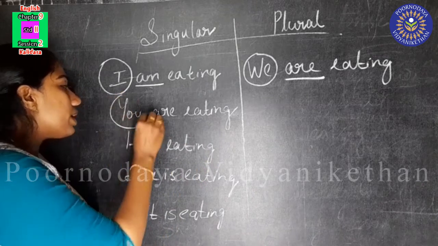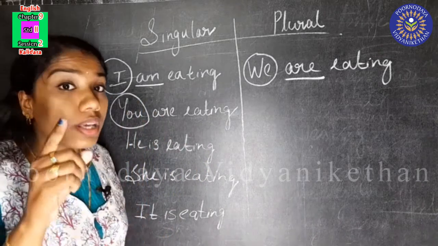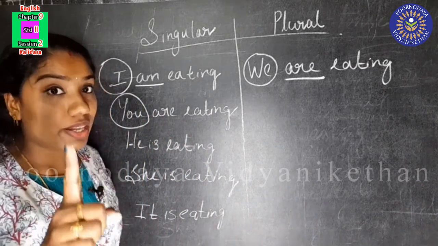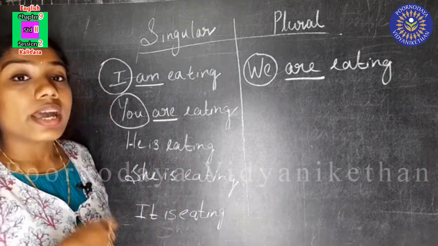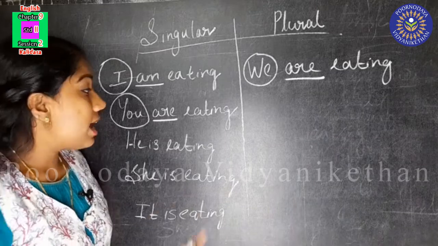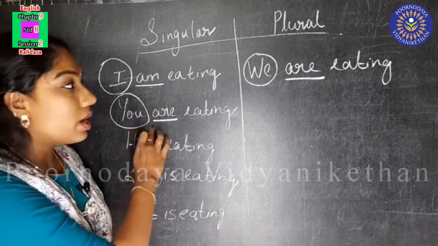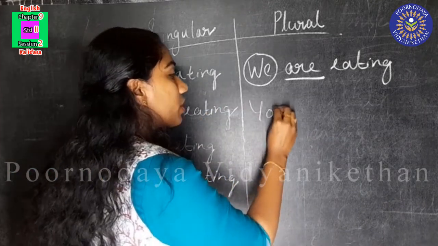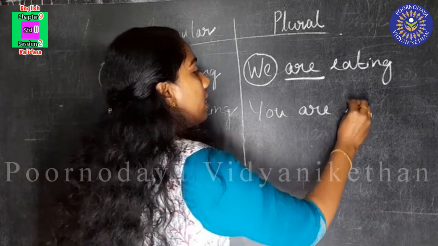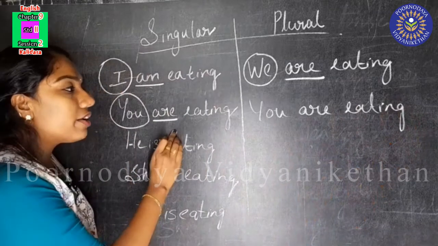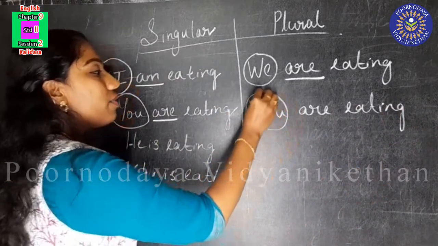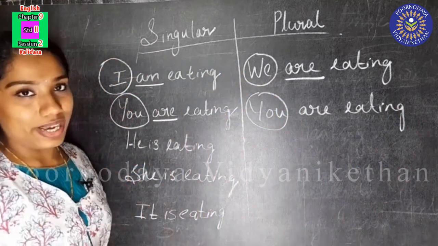Now, you are eating. Here you is in singular form. You are eating when there is only one person. In singular form we'll add are with you. Now see the plural form. You are eating. See, children, in singular form and in plural form you is you itself.